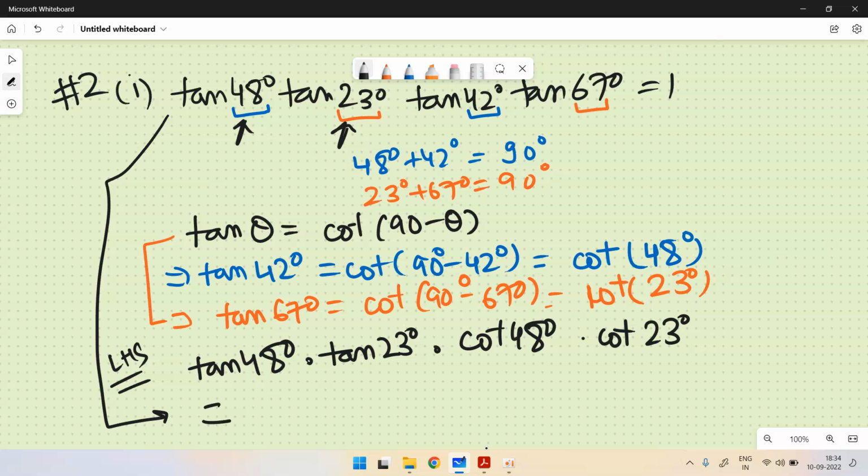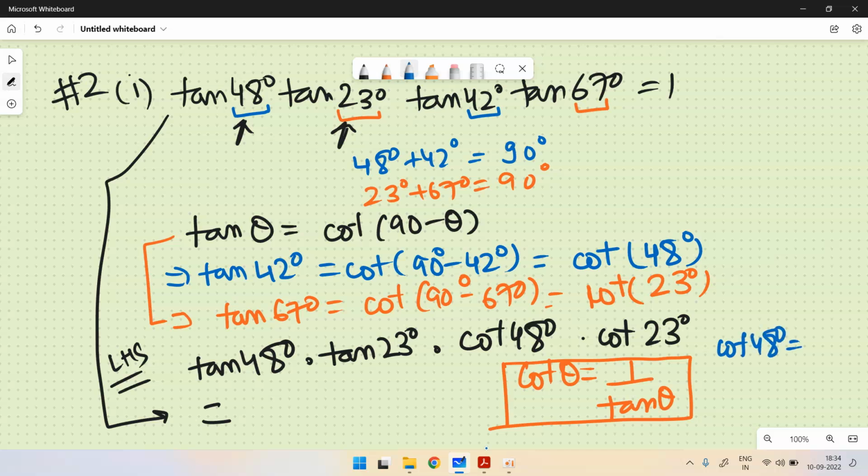You know that cot theta is nothing but 1 by tan theta. So cot of 48 degree is equal to 1 by tan 48 degree, and cot of 23 degree is equal to 1 by tan 23 degree.